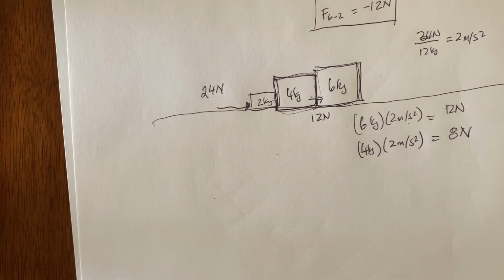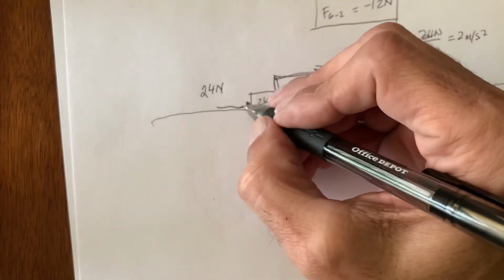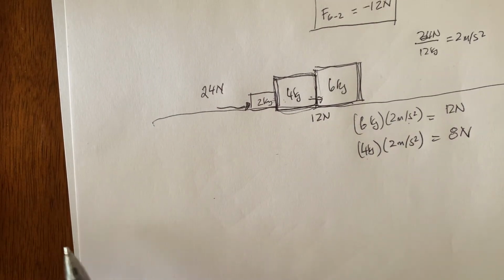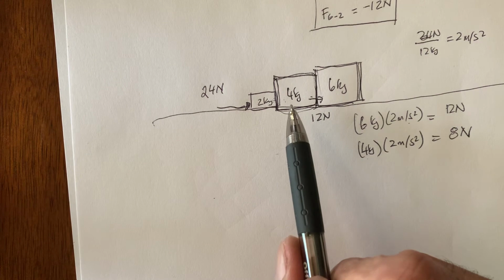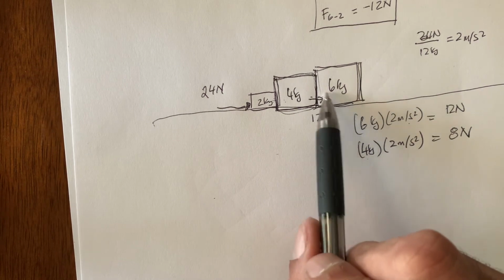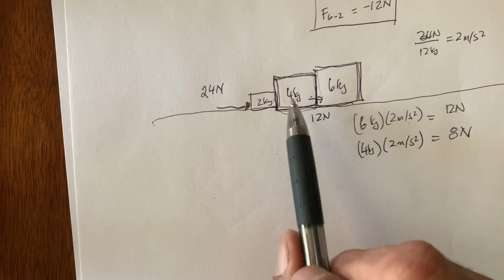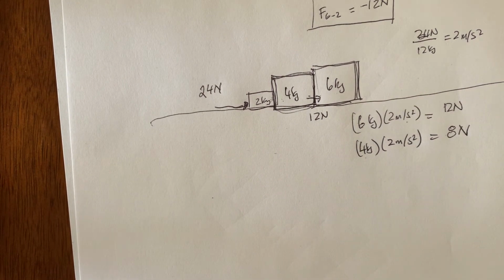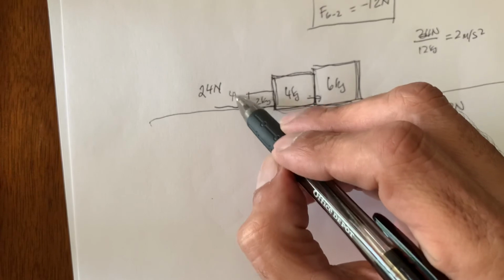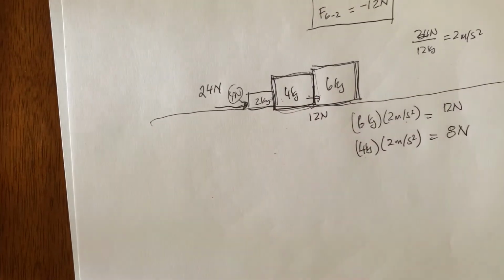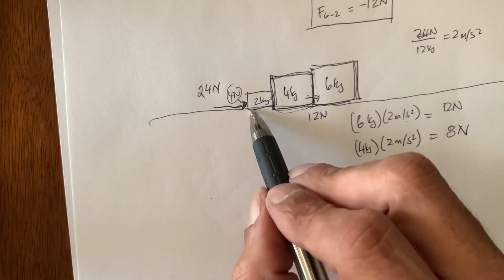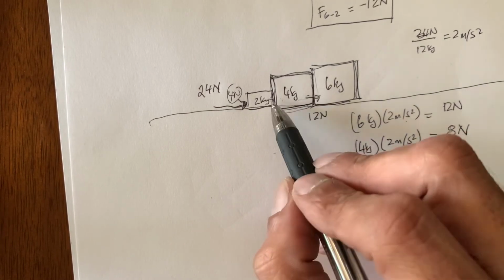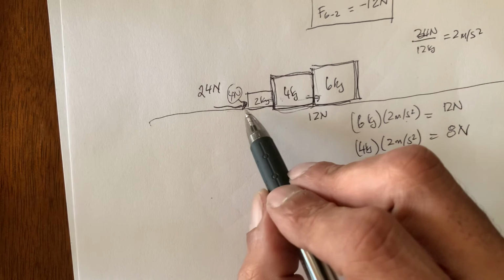Let's see how this keeps going. Of course, we're applying 24 newtons up here. Off that 24 newtons, does that mean this guy is getting 12 newtons of the entire force coming in, and this guy is getting 8 newtons? That's 12 and 8, that's 20. And then 4 newtons is going to this guy. So I'm giving 24 newtons to this guy, but we have to look back at the reaction force, because remember, they're pushing back as well.